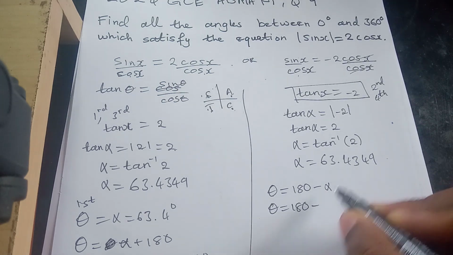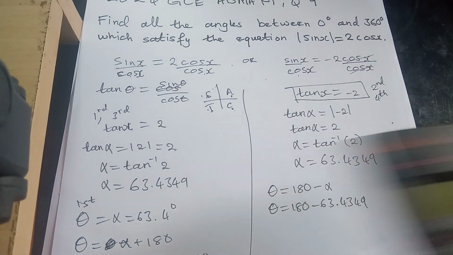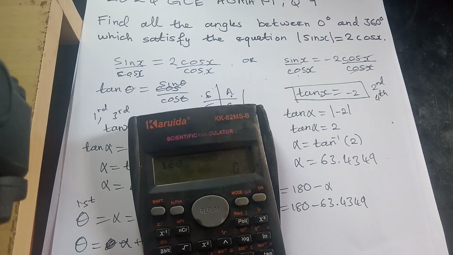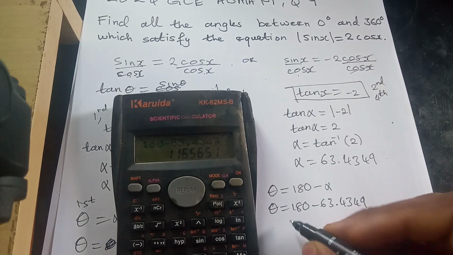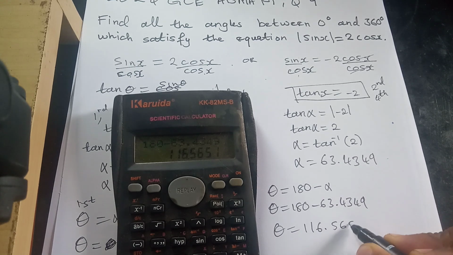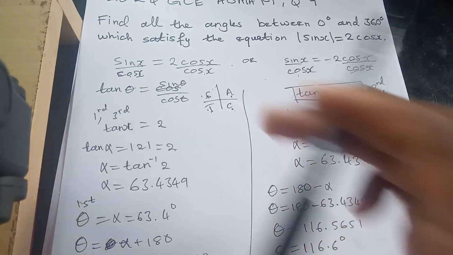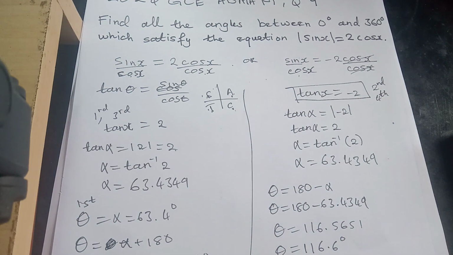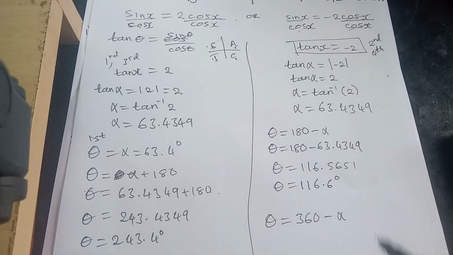So this would be 180 minus, our alpha is 63.4349. So I'll use my calculator. 180 minus 63.4349, which is 116.5651. So when you round it off, you have 116.6 degrees. And then for the angle in the fourth quadrant, theta is given by 360 minus alpha.